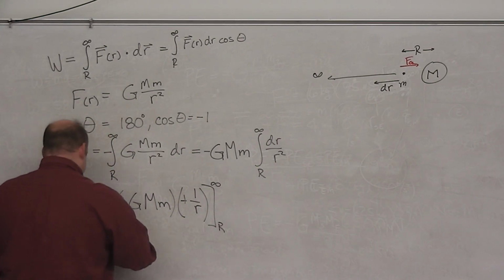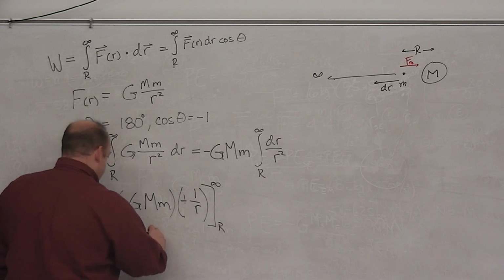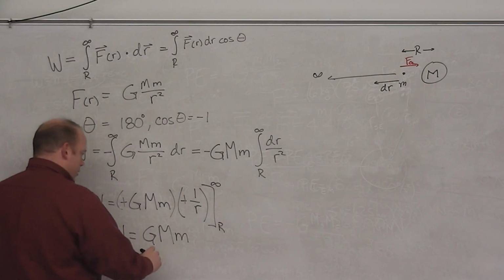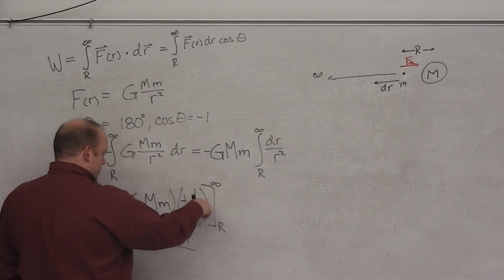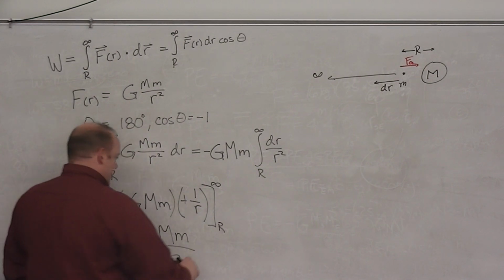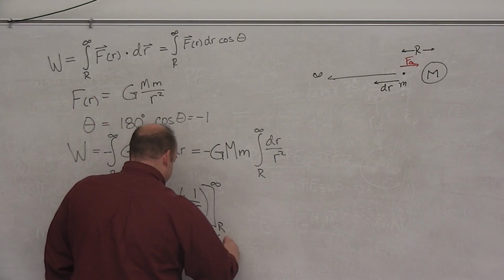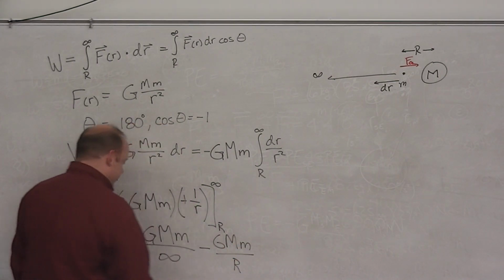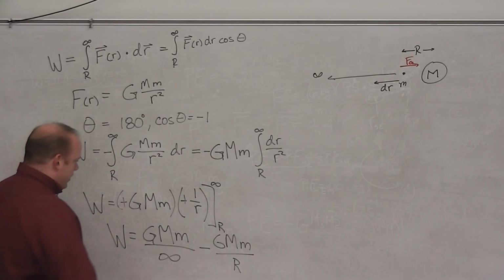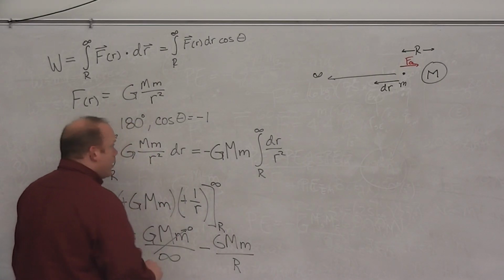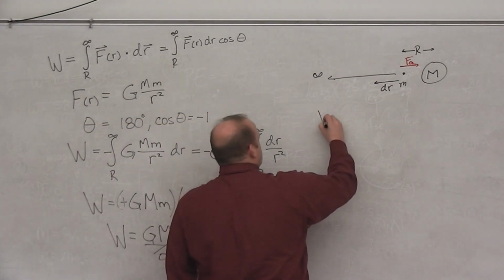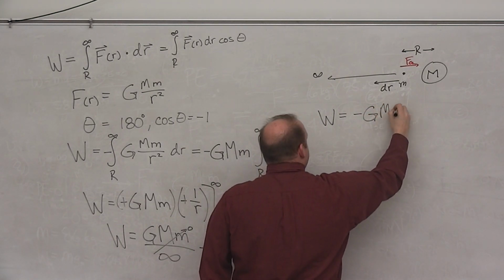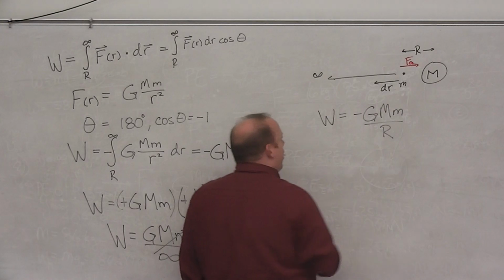So I get the work is equal to big G, big M, little m, over infinity, minus big G, big M, little m, over R. Anything over infinity approaches 0. So our work here is equal to negative big G, big M, little m, over big R.